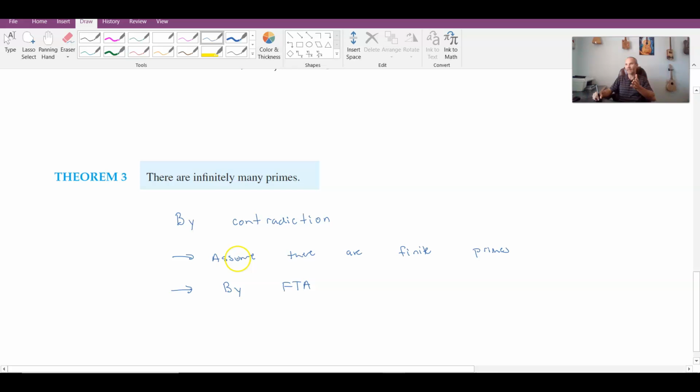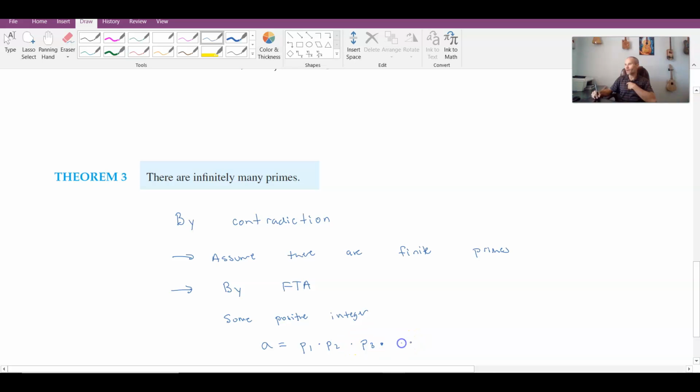So we're going to start with what we call the negation of the statement, and we're going to show that the negation of the statement can't be true. So if there are finite primes, then that says that if there's some positive integer, that we'll call this integer a, well, by the fundamental theorem of arithmetic, there exists a prime factorization, which I will just allude to as p1 times p2 times p3.